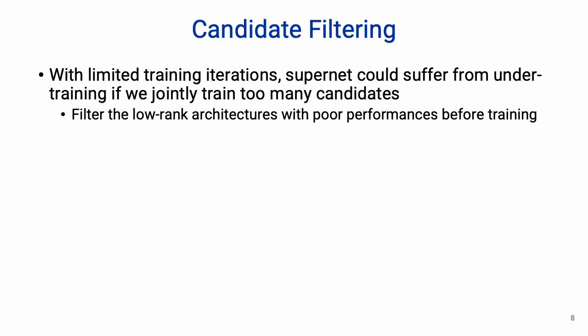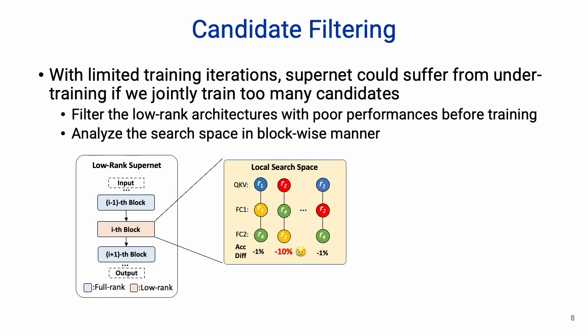Inspired by this, we design a methodology to do so. This is accomplished through a strategic block-wise analysis of the search space. By keeping the remaining part of the transformer block uncompressed, we evaluate each rank level combination one by one within each local search space. Then we can evaluate the accuracy drop of each rank level combination.